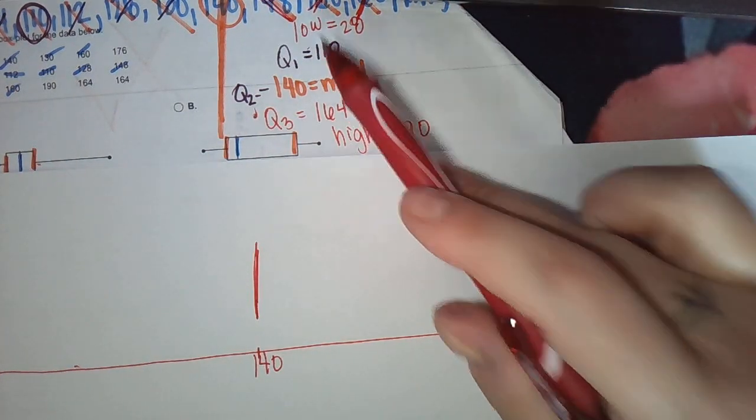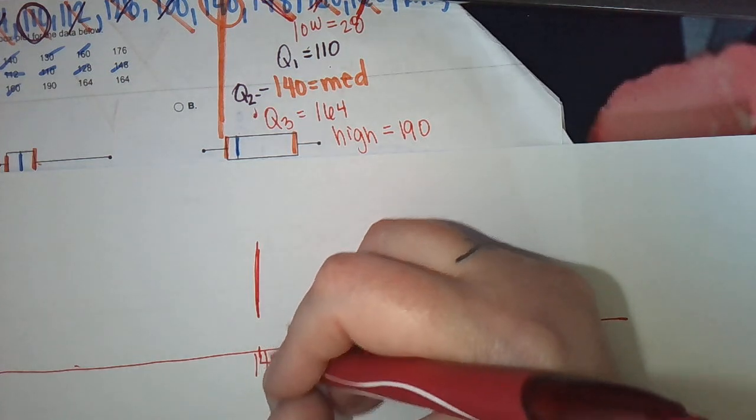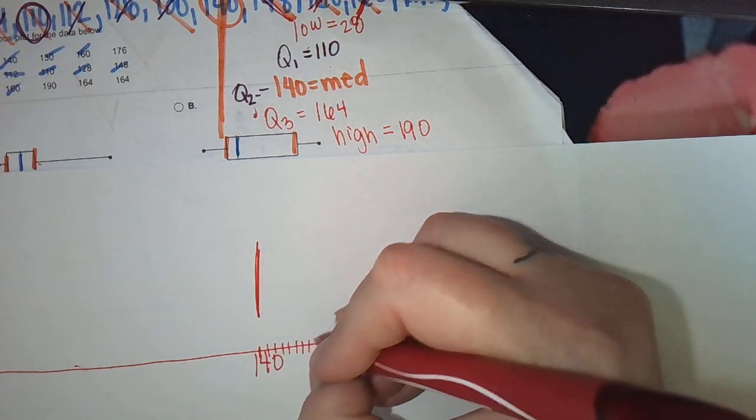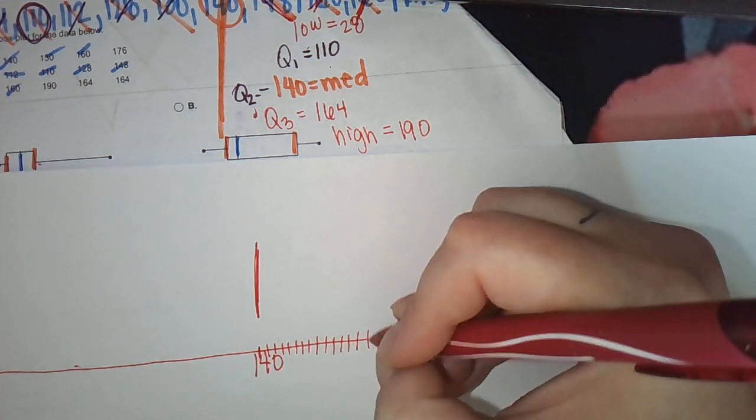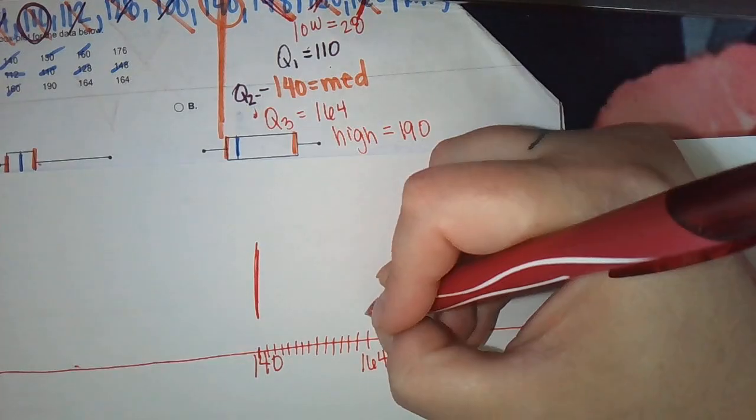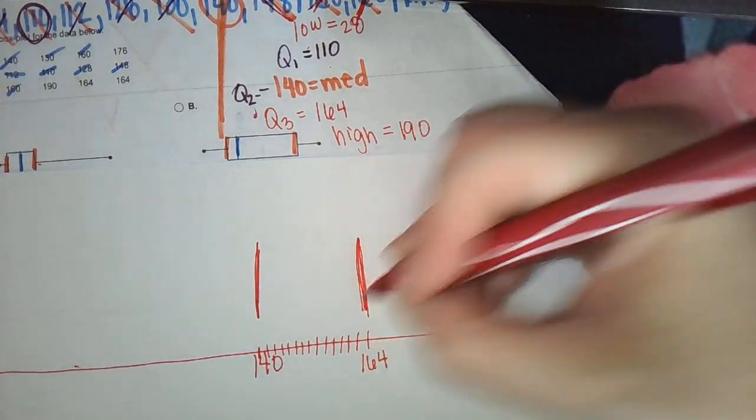So that's 140. Now we're going to draw where 110 is and 164. Well, 164 is what? 14 tick marks? 1, 2, 3, 4. Okay, that's where the other side of our box is.